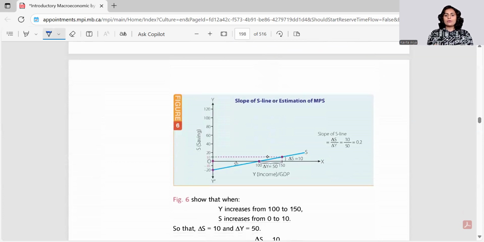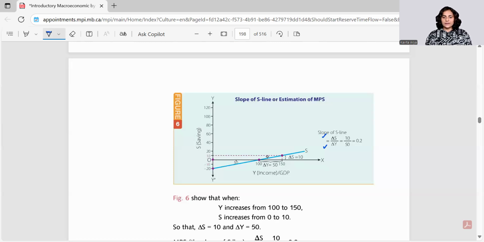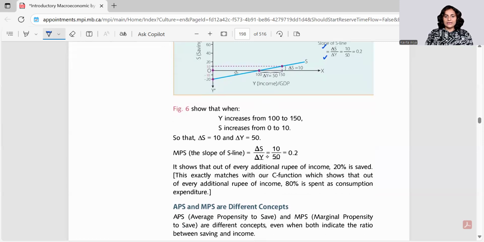So when we talk about the slope, it means delta S by delta Y. Why delta S? Because savings are shown on the y-axis. Slope of the S function or S line is delta S by delta Y, the change in savings with respect to change in income. Savings are shown on the y-axis, whereas income is shown on the x-axis. So here, how are the savings changing with additional income?